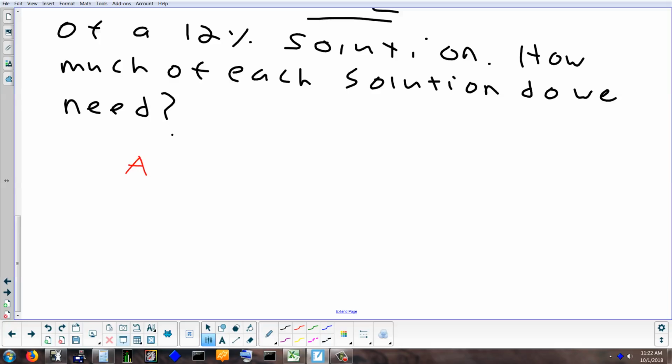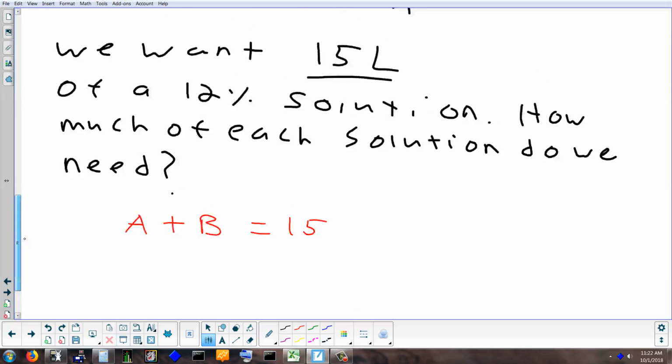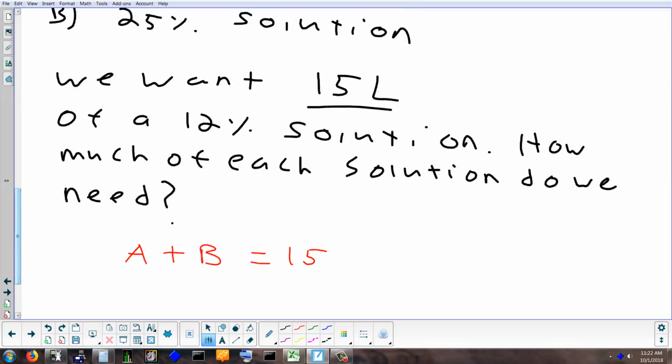So I'm going to take how much I use of the first solution, plus how much of the second, and I want it to add to 15. If that's all they gave me, that's not enough information to solve it, because I could use 1 and 14, or 2 and 13, or 12 and a half and 2 and a half. With that, there's an infinite amount of answers.